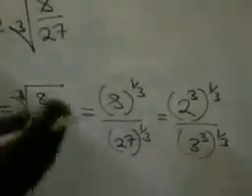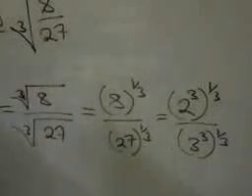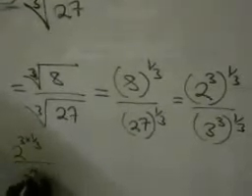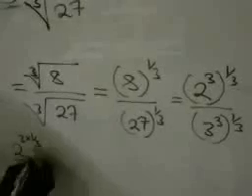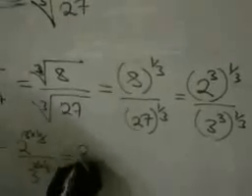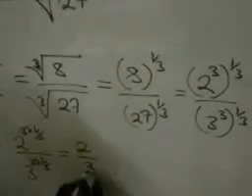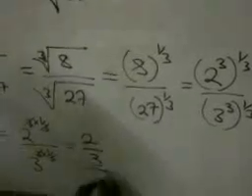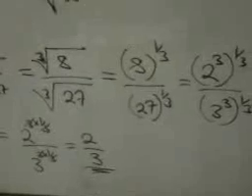For example, 2 power 3 power a third, you just say it's 2 power 3 times a third, over 3 power 3 times a third, and therefore you see that you are going to be remaining with 2 power 1 over 3 power 1, and our answer becomes 2 over 3. That is our example 1.